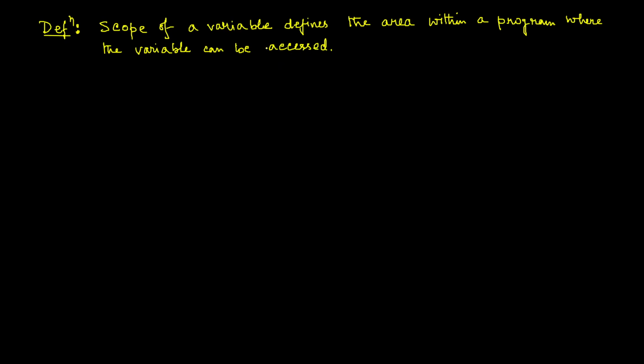Okay, what does it mean? Scope of a variable defines the area within a program where the variable can be accessed.